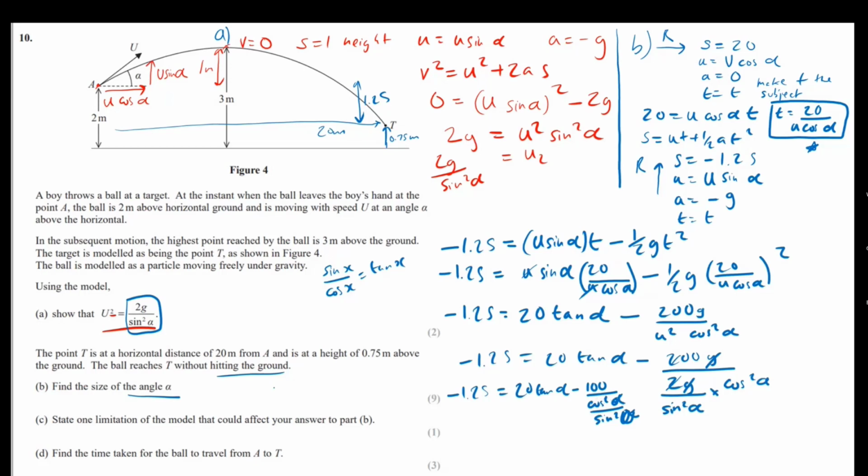So if you keep the 100, flip the fraction, that will become that, right? Because what we're asking you to do is 100 divided by this. So keep, change, flip, that will become this. So we know that's tan squared theta instead. So you get minus 1.25 equals 20 tan alpha minus 100 tan squared alpha.